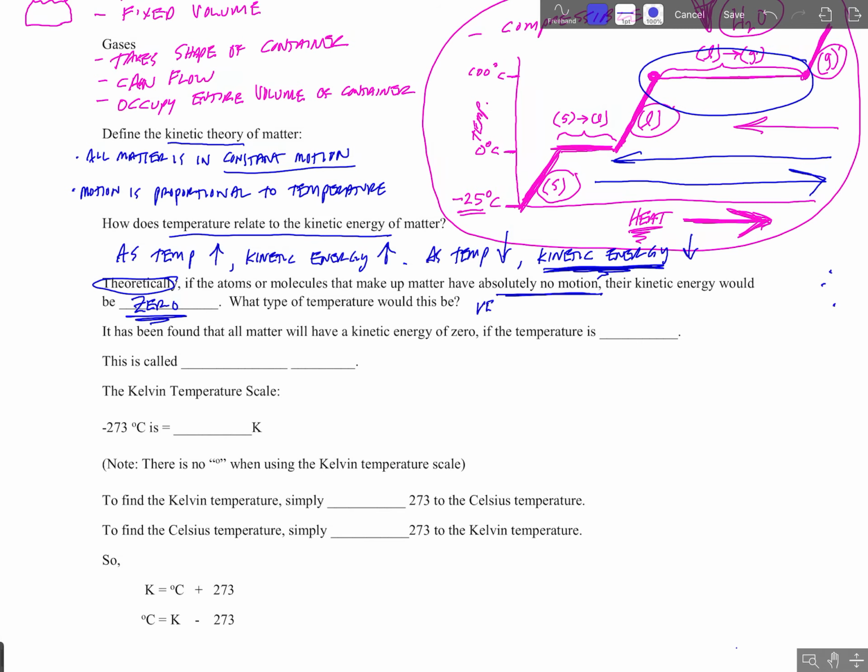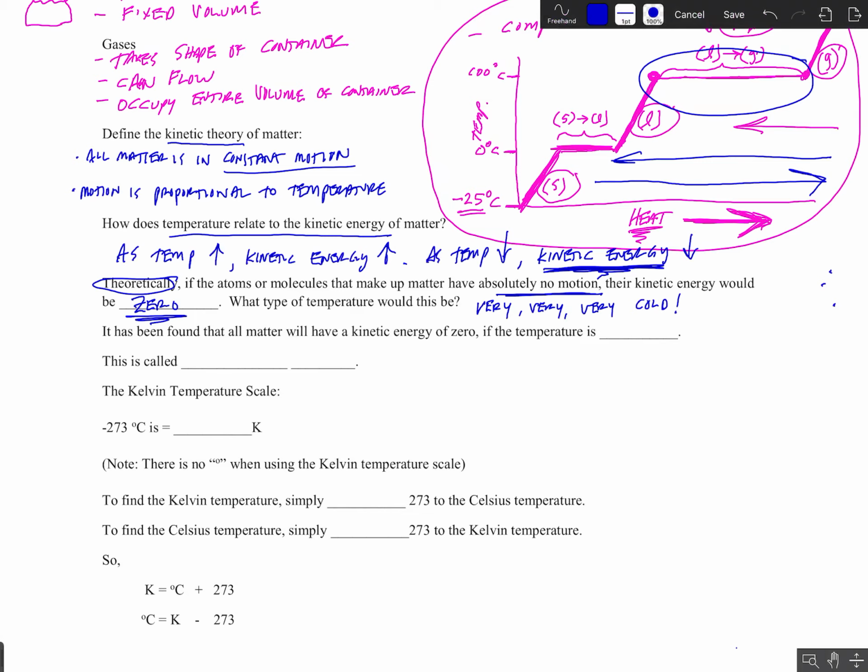Well, the simple answer is very cold. It would be an extremely cold temperature for the molecular motion for matter to stop, for its kinetic energy to be zero.